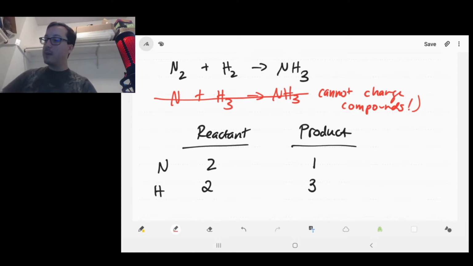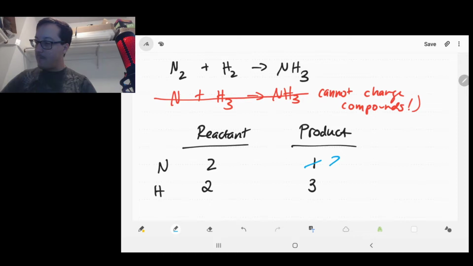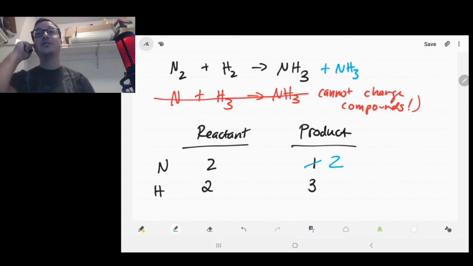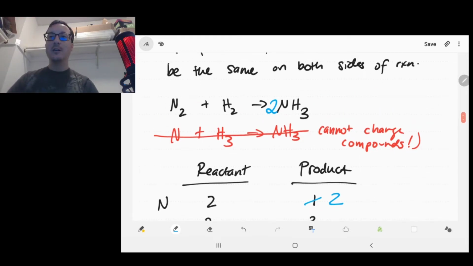So, what we're going to need to do is we need this to be 2. We need this to equal the nitrogen side. And how we do that is we're going to add another ammonia molecule. We can only change the number of the molecules we have. And so if we add a second ammonia molecule, how we describe that is like so. We'll say now we have 2 ammonias.